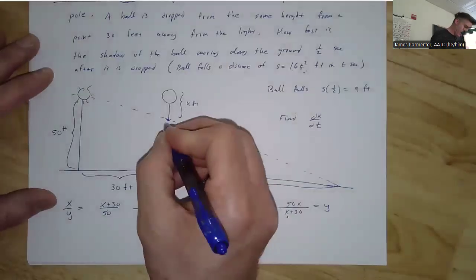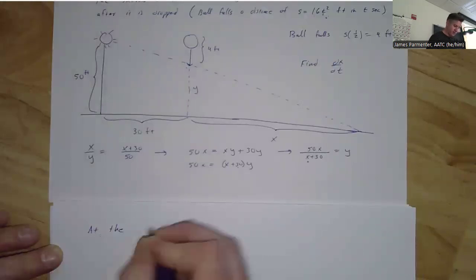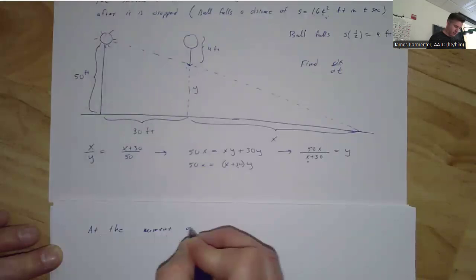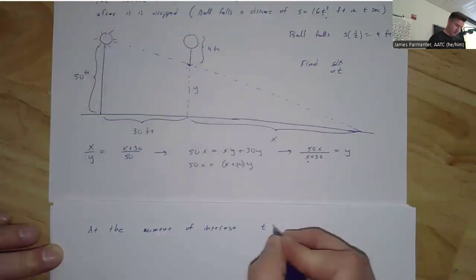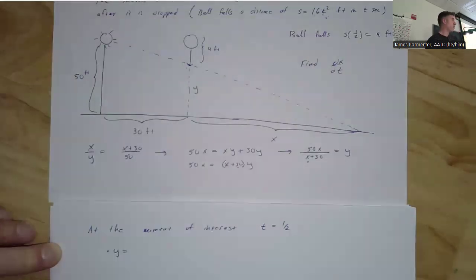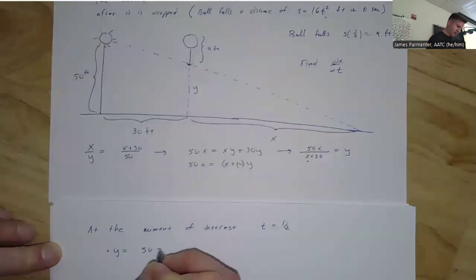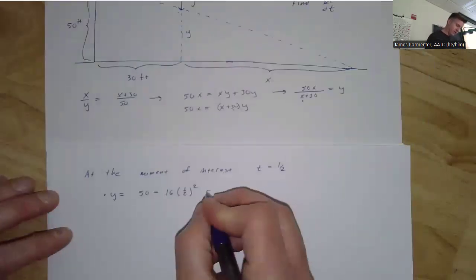So at the moment of interest, after the ball has fallen for half a second, time equals 1/2, our y value is going to equal 50 minus 16 times 1/2 squared, because the ball fell 4 feet. So the y value is going to be 46.